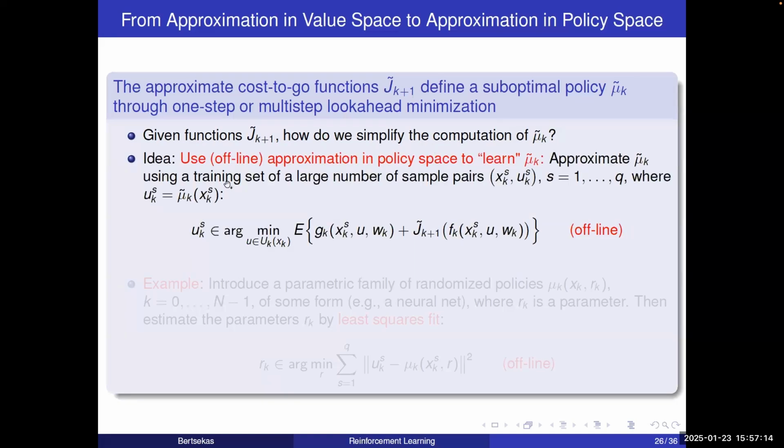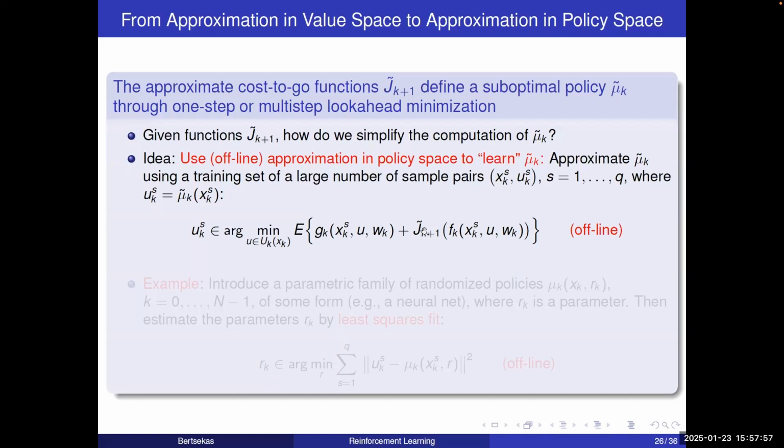Well, one way is to use offline approximation in policy space to learn this mu tilde_k. So remember in the previous slides, I alluded to that in approximation in policy space, we need this target data, right? One way this target data can be generated is to use this minimization calculation. So suppose that we have already, through a certain approach, computed J tilde_{k+1}.